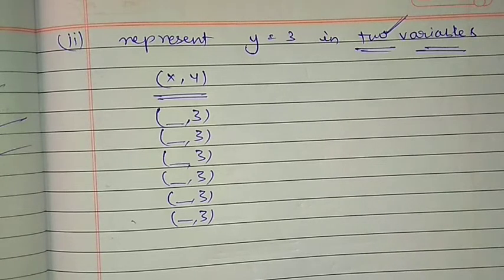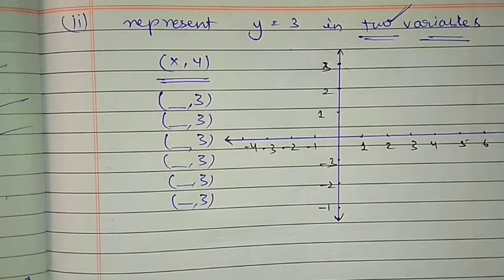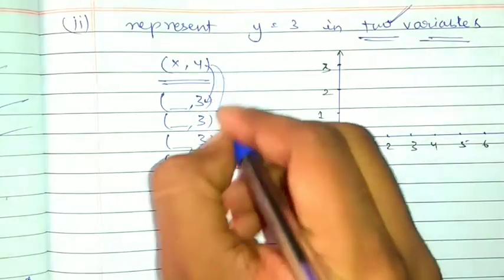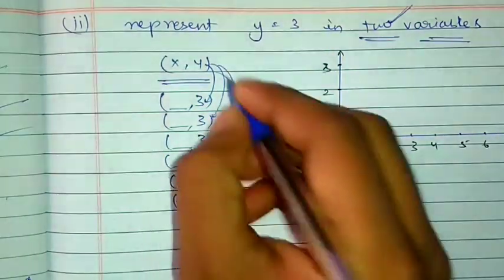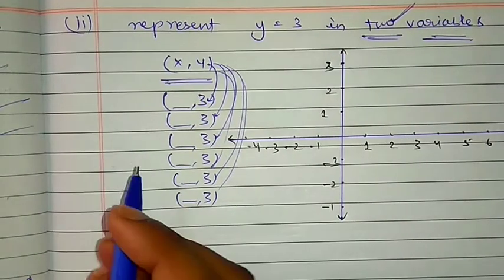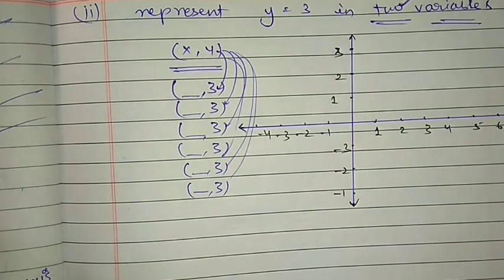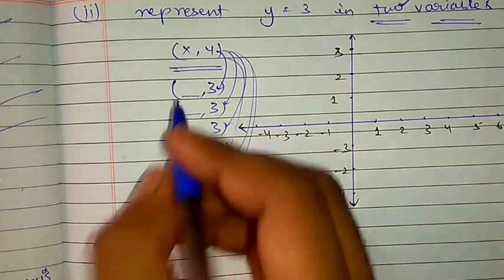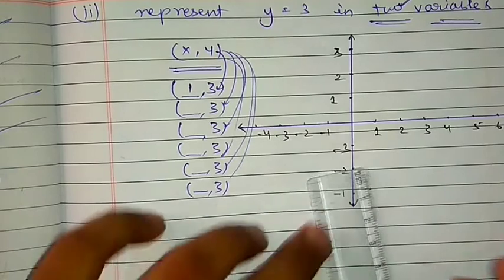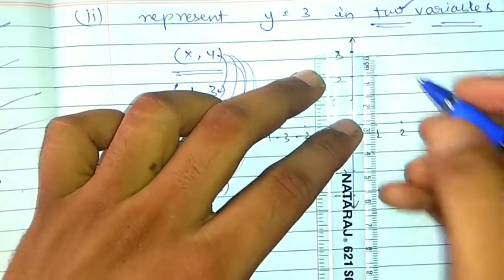Cartesian plane? Let me show you. Now the condition is this: we have a fixed value of y is equal to 3 and we can have many values of x. So let's assume the case of 1 comma 3. 1 comma 3 is represented by this point, something like here.